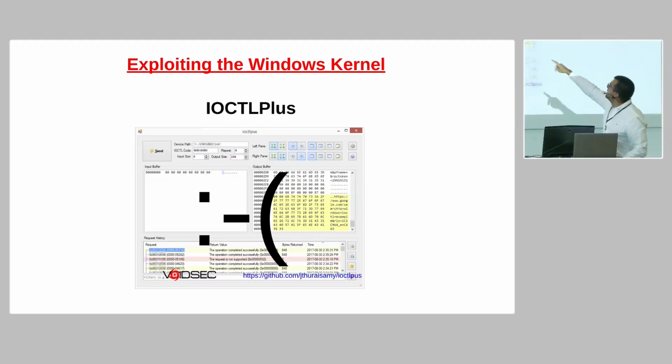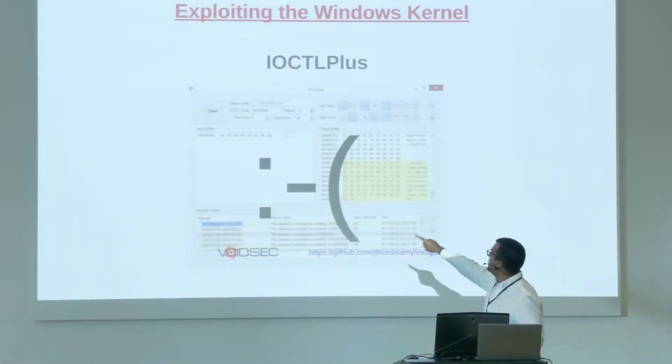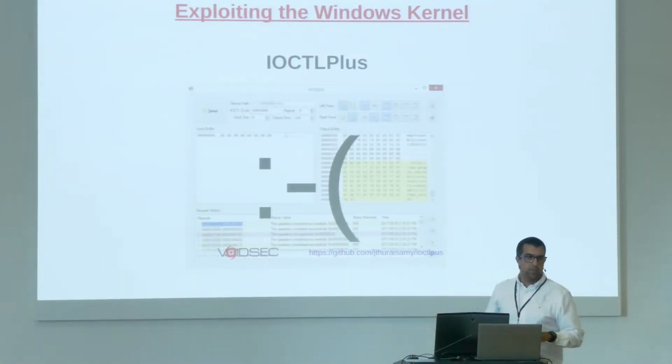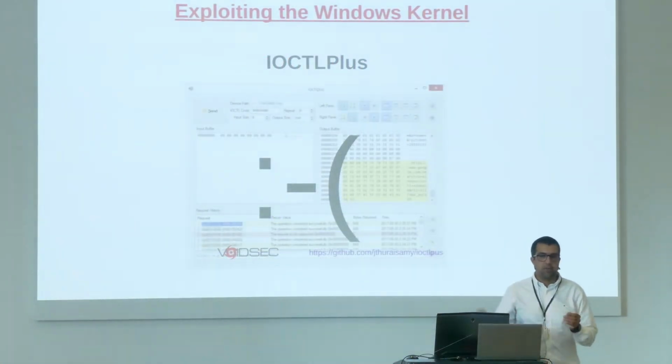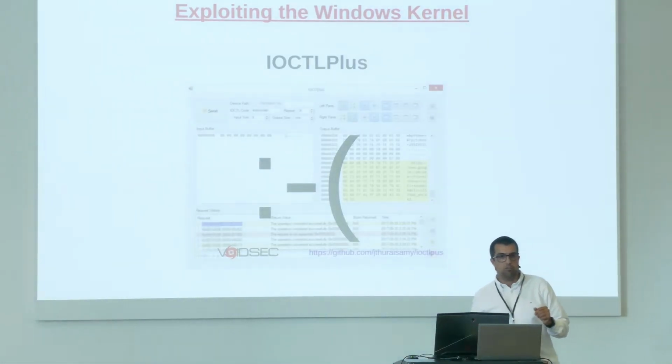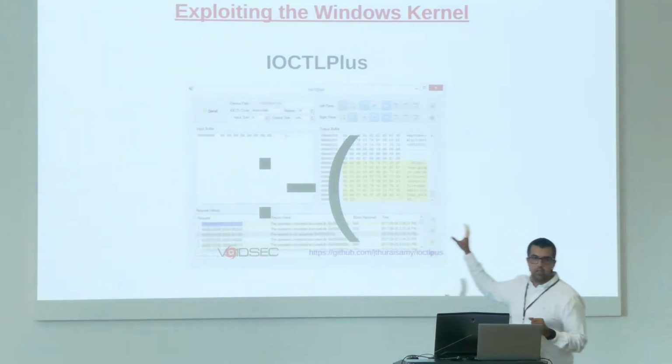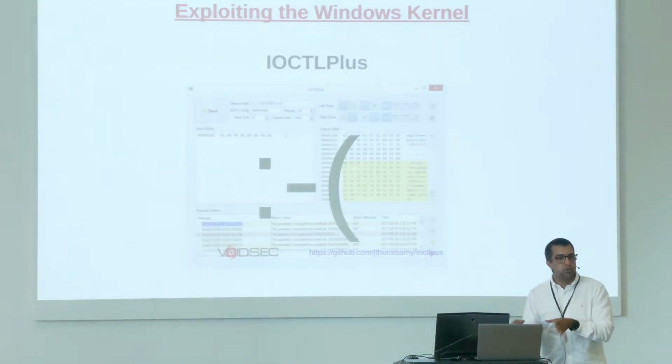You also need the input size and the output size for the data that you're going to send to that IOCTL code, to the dispatcher of your target driver. And then you can just send it on the left side. And then you also have some history. So if you say, I found this heap overflow with this way to interact with this driver, you can use a tool like this to reproduce it.